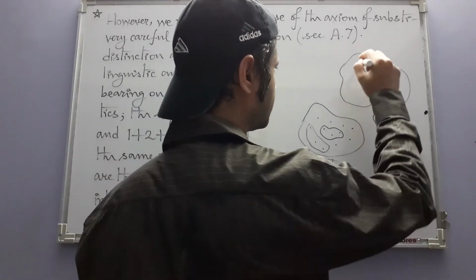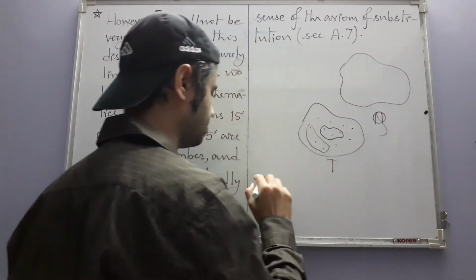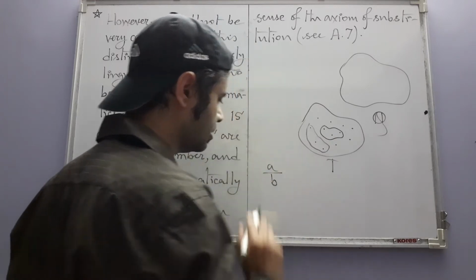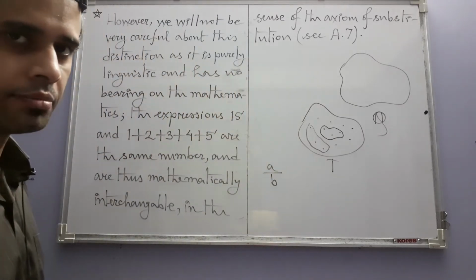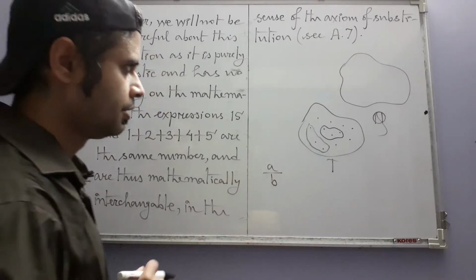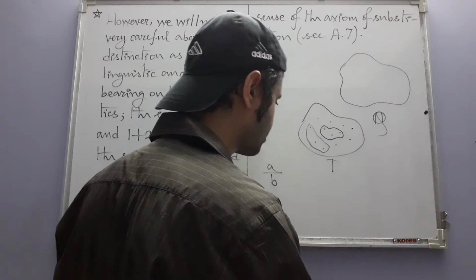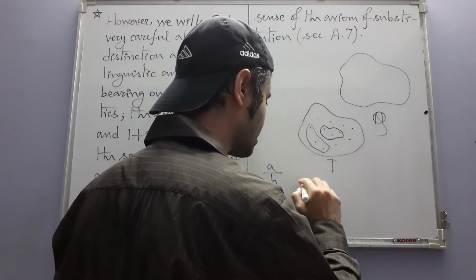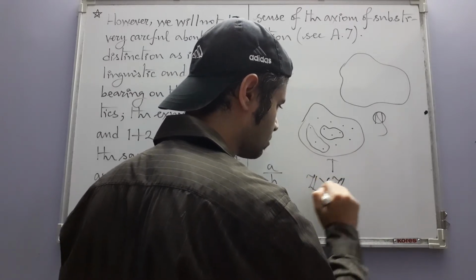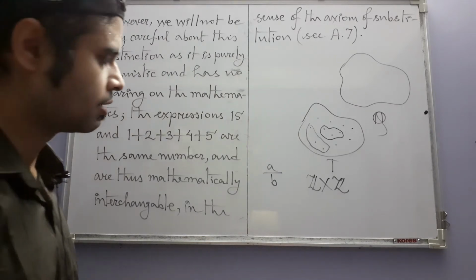So we know that the rational numbers actually look like this: a divided by b, where a and b are integers and b is of course non-zero. Now, when we constructed the system of rational numbers, recall that we started with this set, the Cartesian product of the integers with itself.